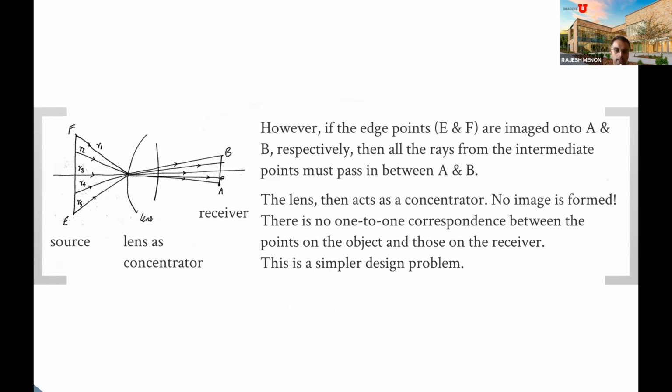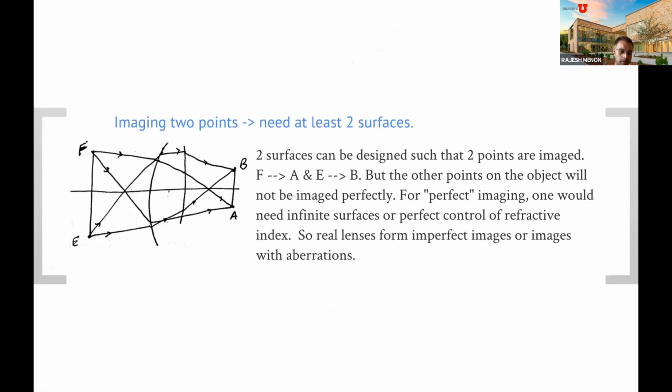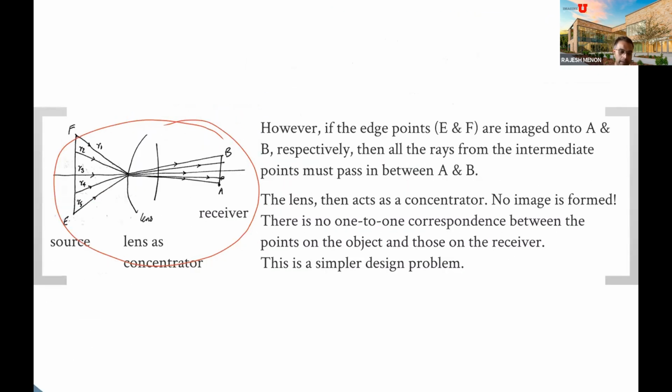Now, if I were to take this picture here, and now I'm going to think of just the edge rays. Okay, so we're going to come over here. Now I'm going to think about this not as an object and an image. I'm going to think about this as a source, like the sun, and a receiver, like the solar cell.